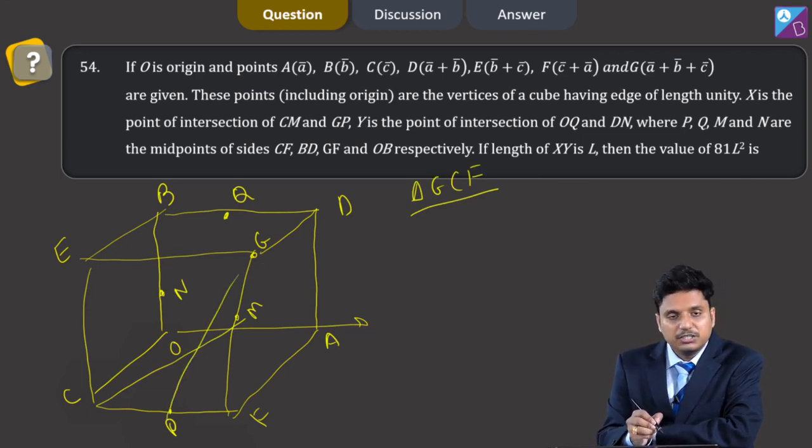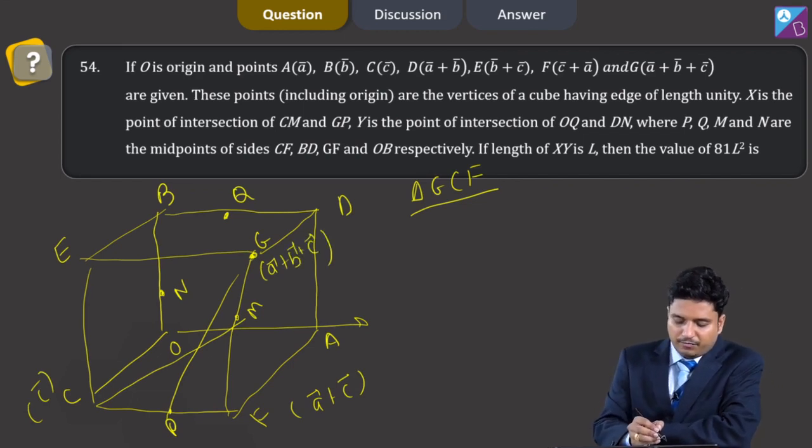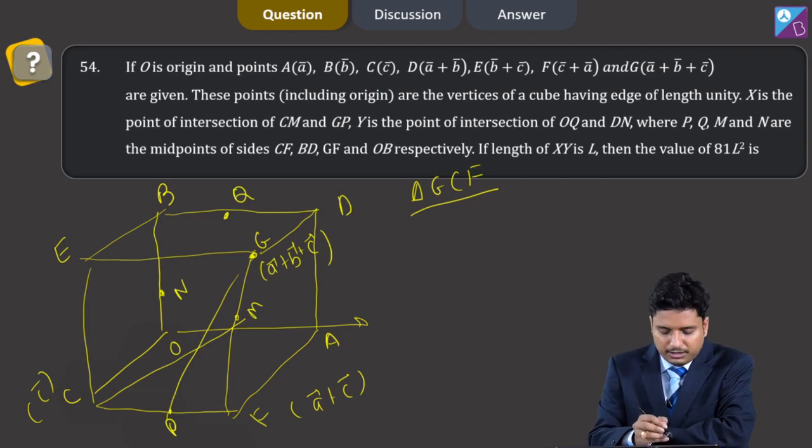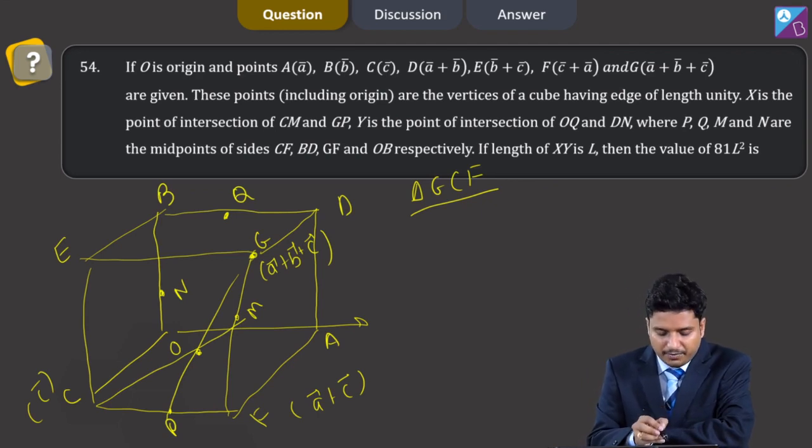G was A plus B plus C, F was A plus C, and C is obviously C. So for triangle GCF, the point of intersection X is working as a centroid, because it is the point of intersection of two medians.